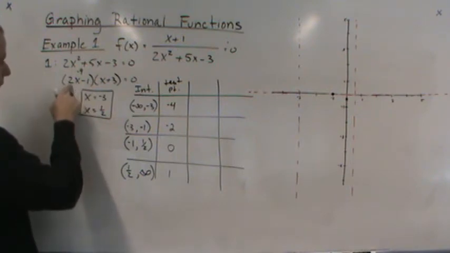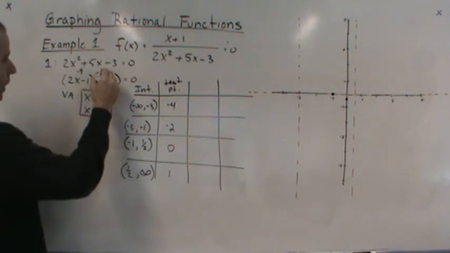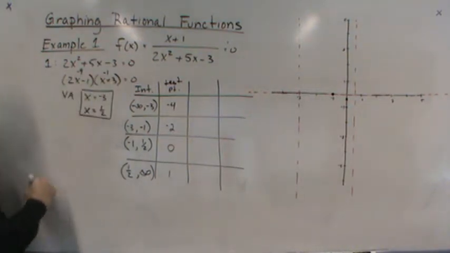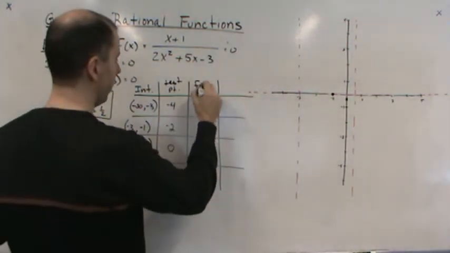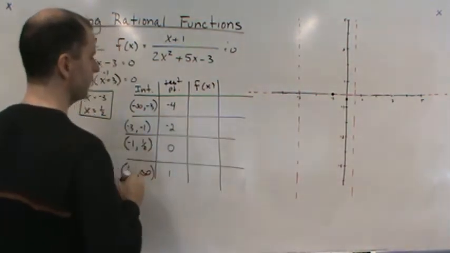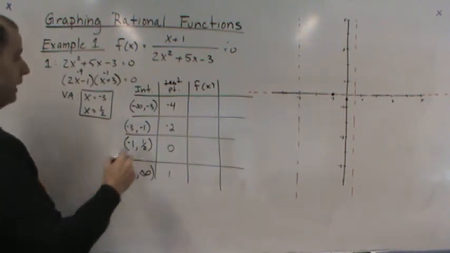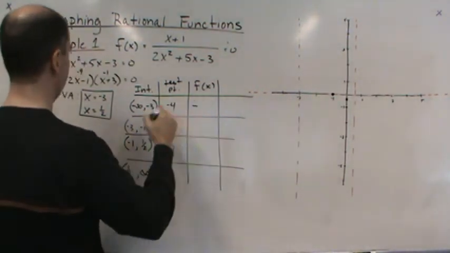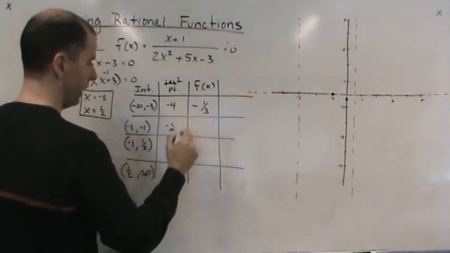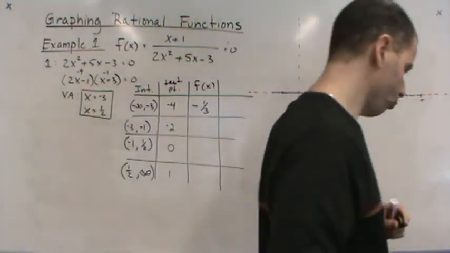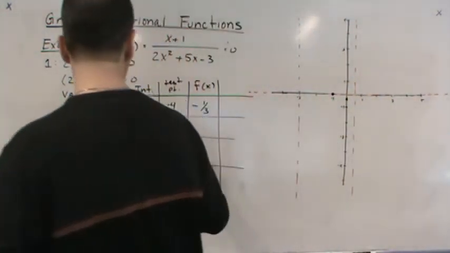Negative 4 times 2 is negative 8, minus 9, so we get negative 9, and then negative 4 plus 3 is negative 1. And so we get positive 9. So f of x, we get a negative 3/9, or a negative 1/3.